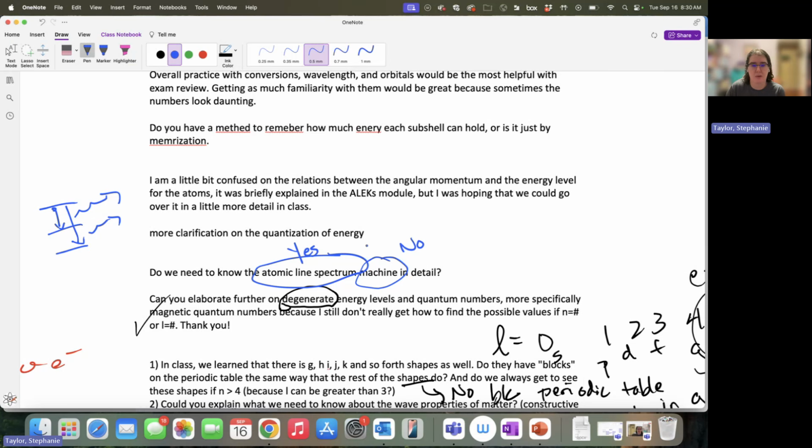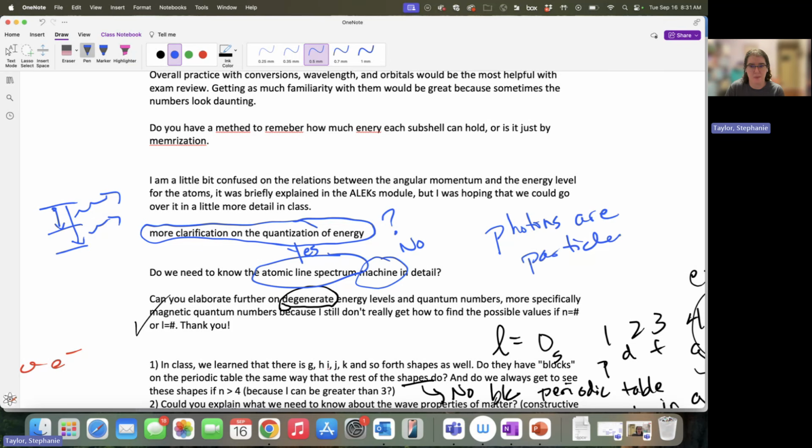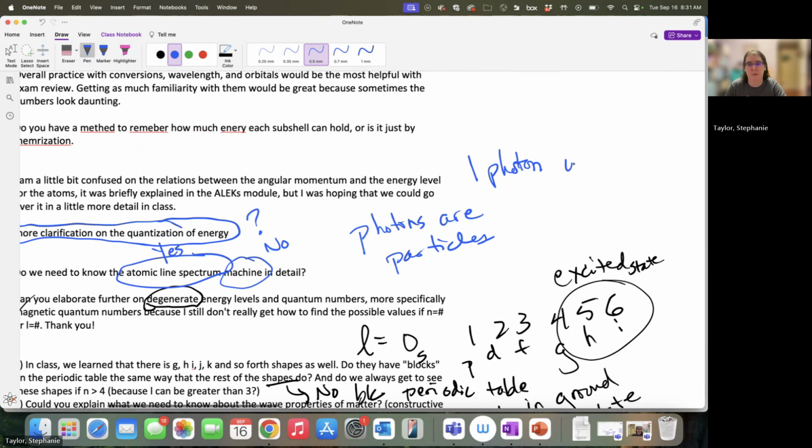More clarification on quantization of energy. I don't know what this one means. Usually when we talk about quantization of energy, what we mean is that photons are particles, and therefore you can have one photon with an energy.